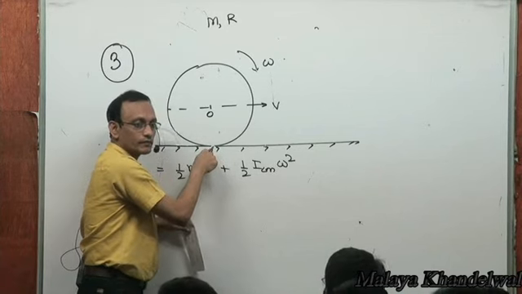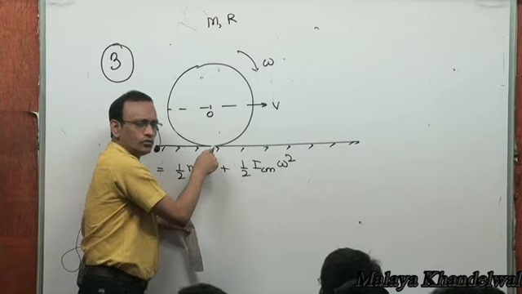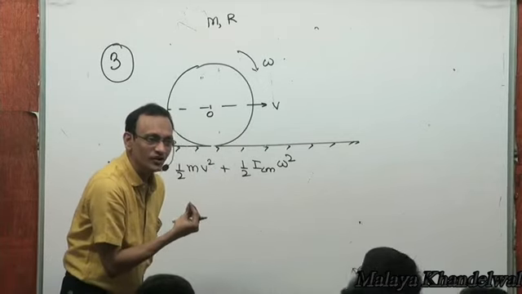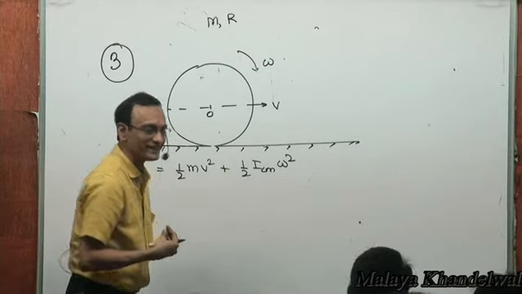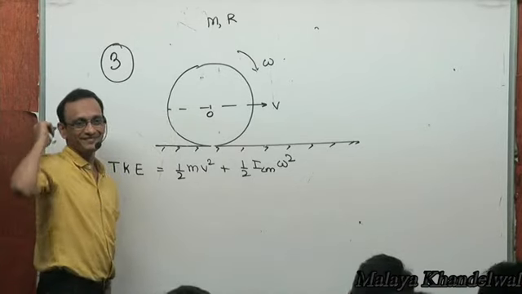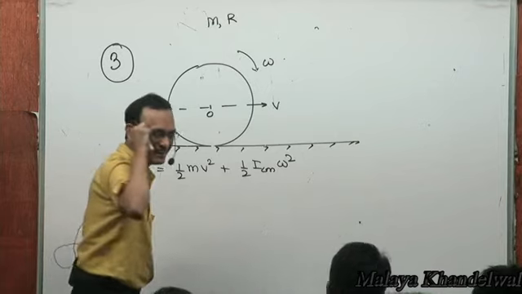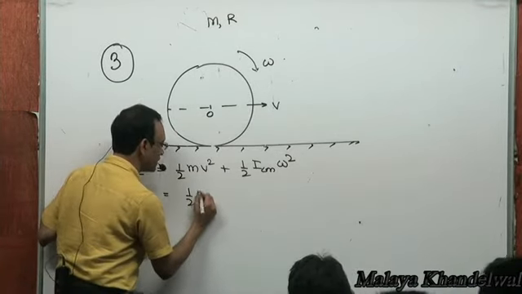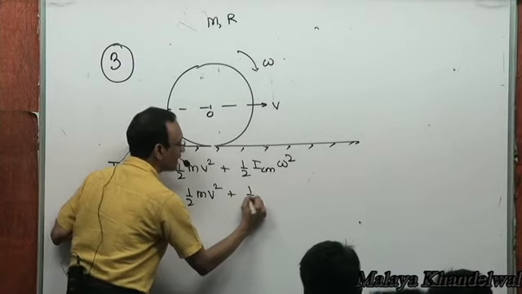When you can figure out that the velocity is 0, then why do you want to draw a perpendicular, yaar? Right? So this is half mv squared plus half ICM.